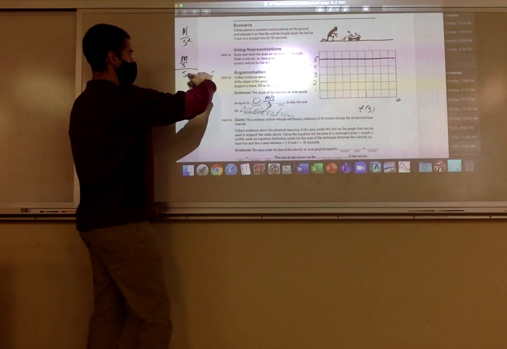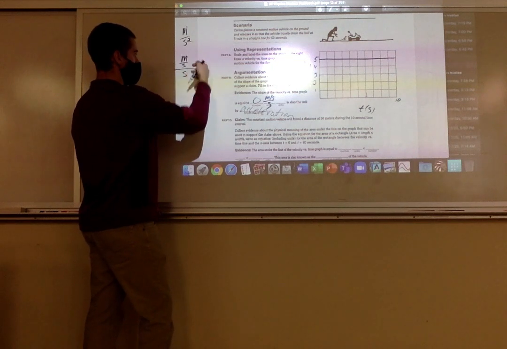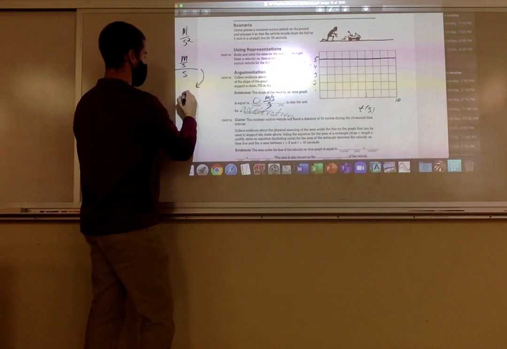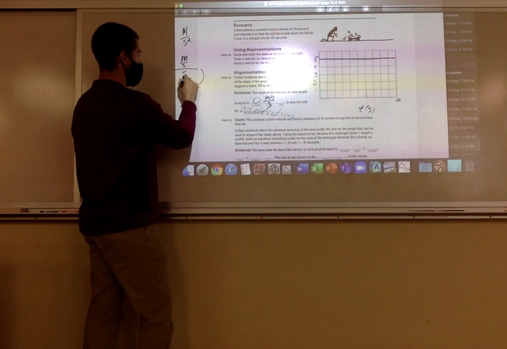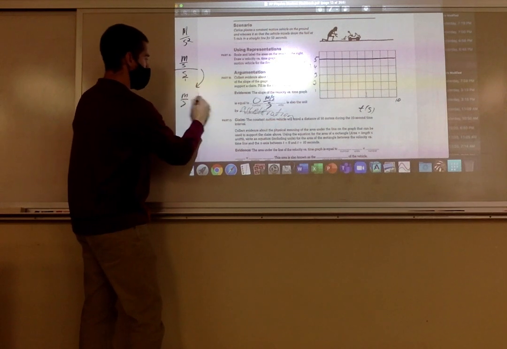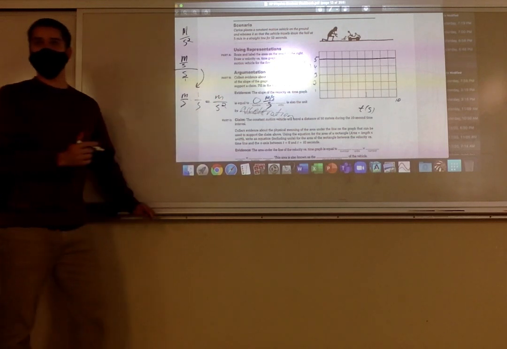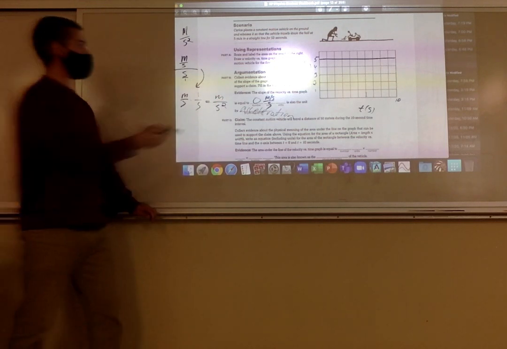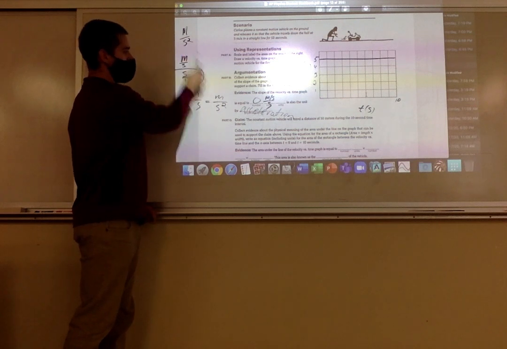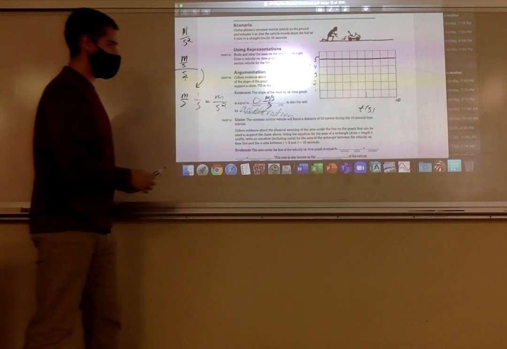Reciprocal, right? I need to multiply the numerator by the reciprocal of this. So this is meter per second times, there's an imaginary 1, so I put 1 over second. There it is. So that was a great question. That's proving that this is still the same as this. Right?